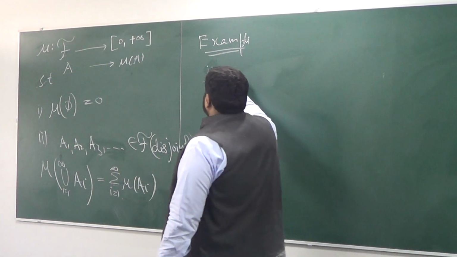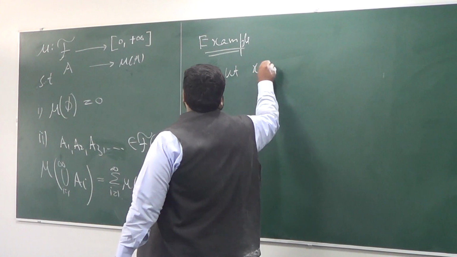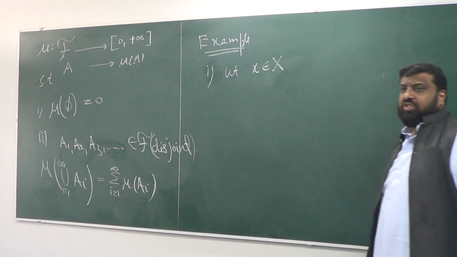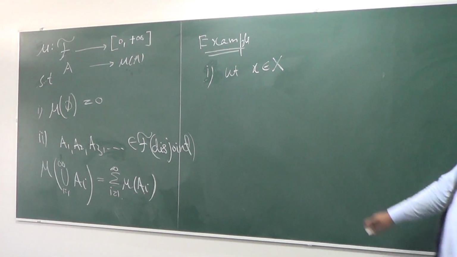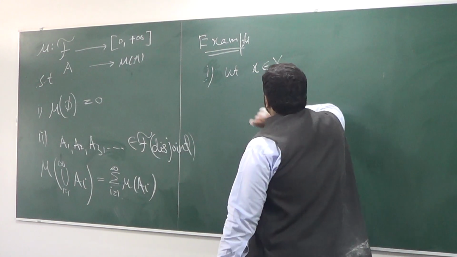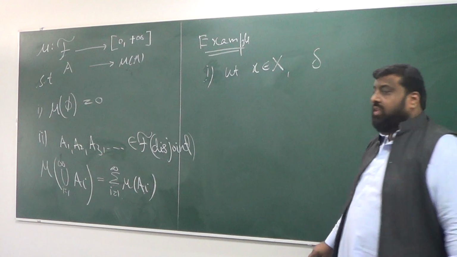Take a fixed x from the set X, the base set on which everything is defined, and corresponding to this fixed x, define a map delta x.